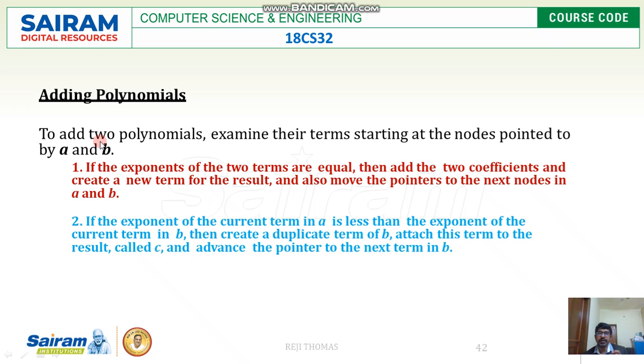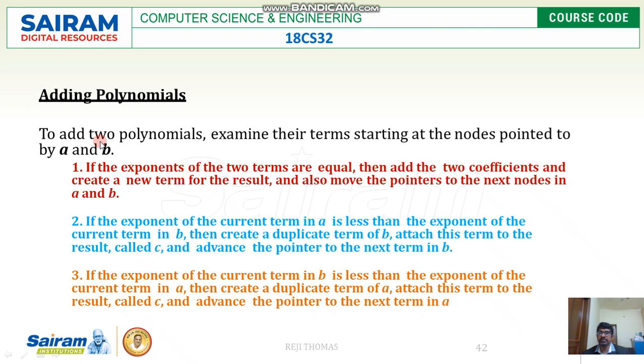Let me repeat: exponent of current term in A is lesser than the exponent of the current term in B, you have to duplicate B and attach it to the resultant. Otherwise, if the exponent of the current term in B is lesser than the exponent of the current term in A, you have to duplicate the term of A, attach this term to the resultant one, C, and advance the pointer to the next term in A.